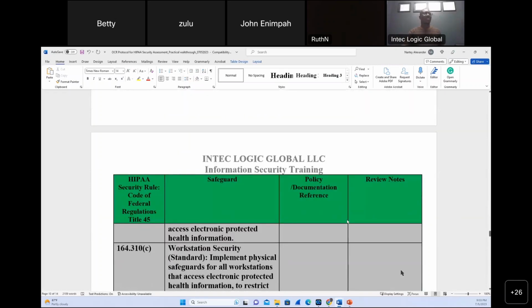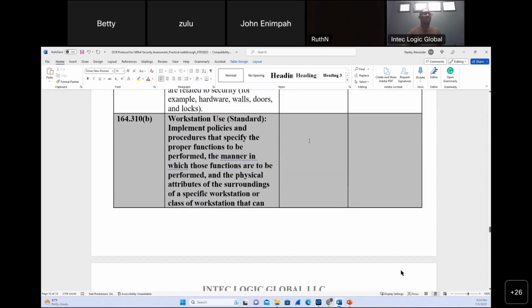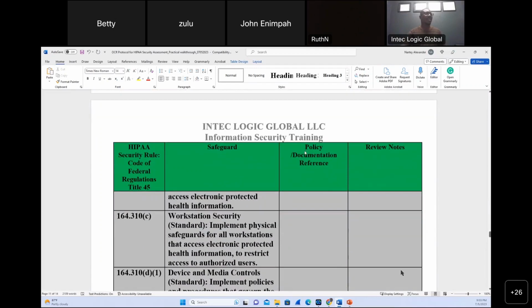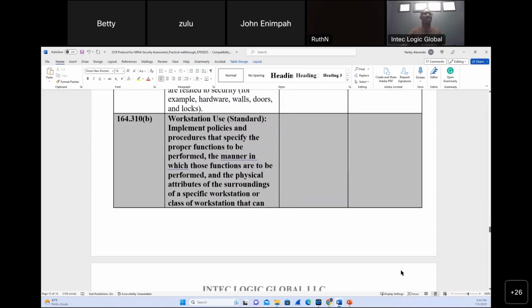Good. The next one is workstation use. Workstation use is on its own, right? It's a requirement on its own. It doesn't have a sub. You can find workstation use in the physical access control policy, which is another big policy, and also a clear desk policy.